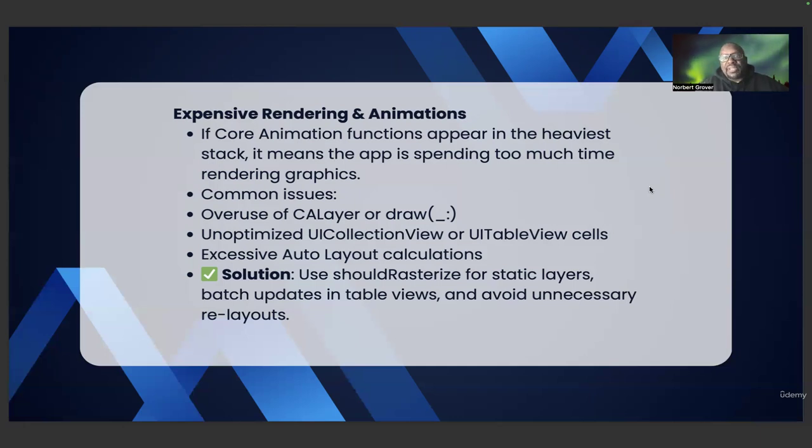Now, with that being said, in this tutorial we're using SwiftUI, not UIKit, so we won't have UICollectionView or UITableView. Okay, but we can reproduce some of this stuff using lists. So the solution should be to use shouldRasterize for static layers, batch updates in table views, and avoid unnecessary relayouts.